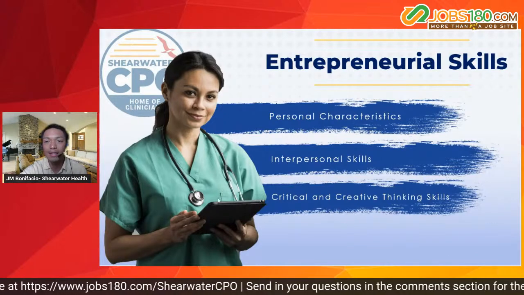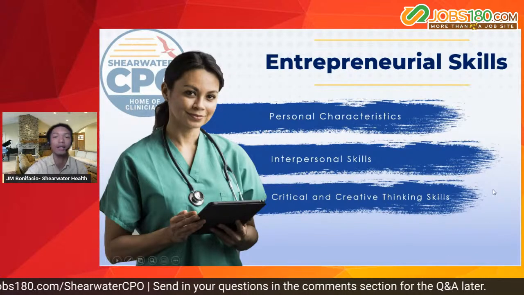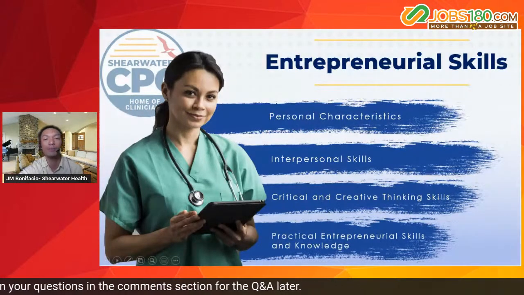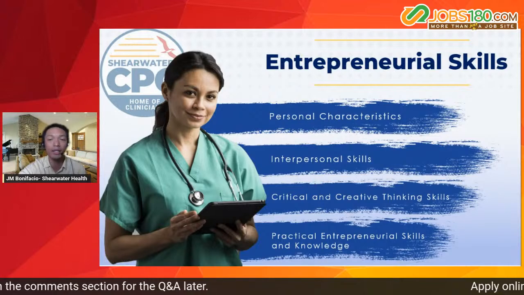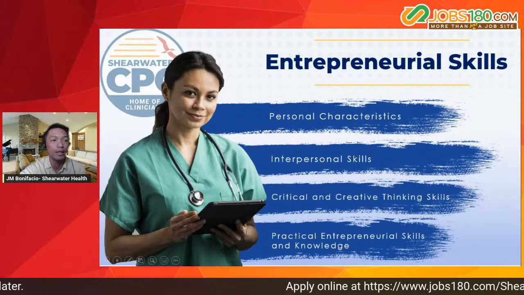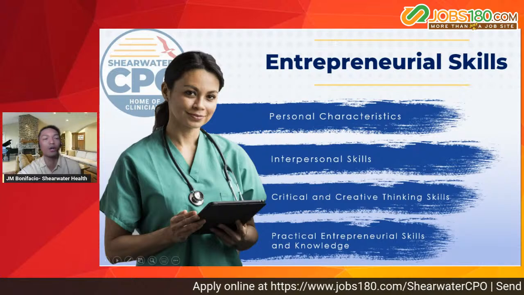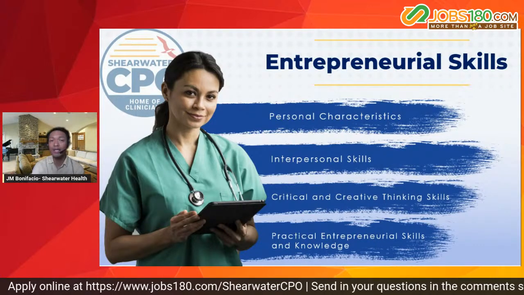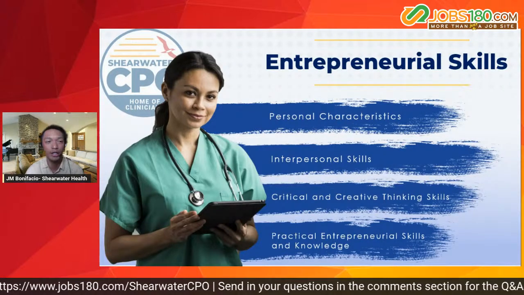Okay. And lastly, for you to have the entrepreneurial skills, you need to have the practical entrepreneurial skills and knowledge. So for this will be the set of things that you need to know. Goal setting. So for goal setting, it was shared by Miss Lovely earlier.